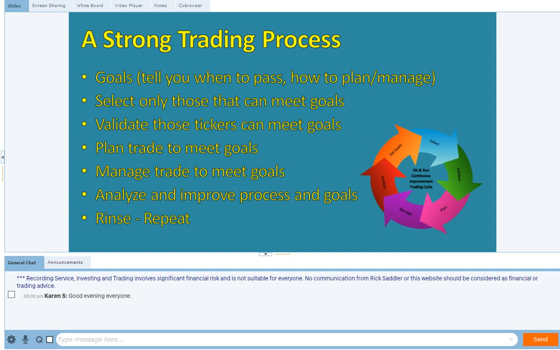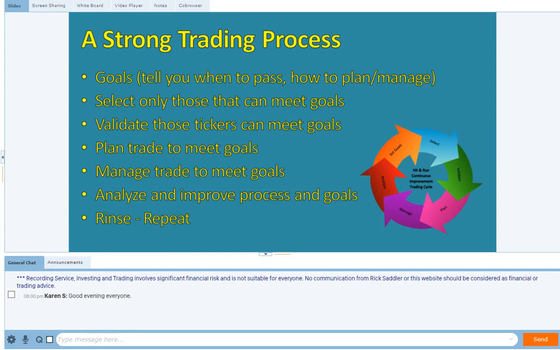First of all, let's talk about a strong trading process. It all starts with goals, which is something that is usually terribly lacking in most trading education sections. You've got to set smart goals that are both reasonable and achievable, and also, you know, a stretch for yourself as well.